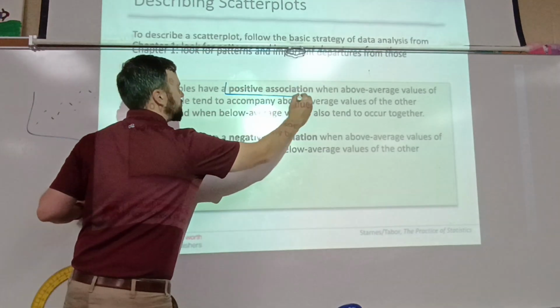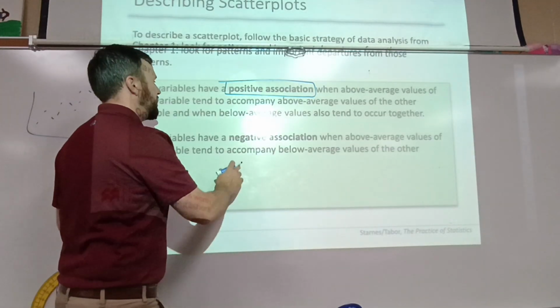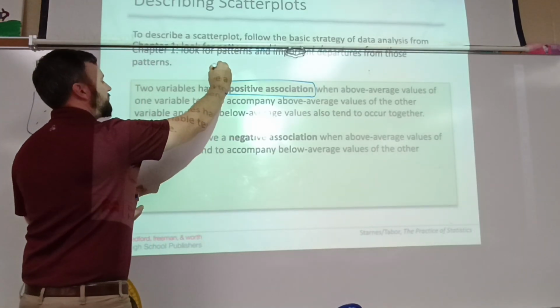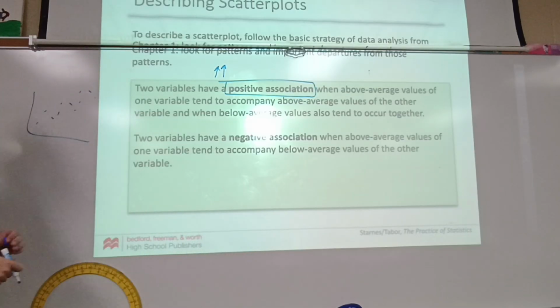That's a positive association. This isn't going to come up on any homework or anything. I'm just giving you some grassroots, some start to this. Because as one goes up, the other goes up. A negative association is something like as one goes up, the other number goes down.